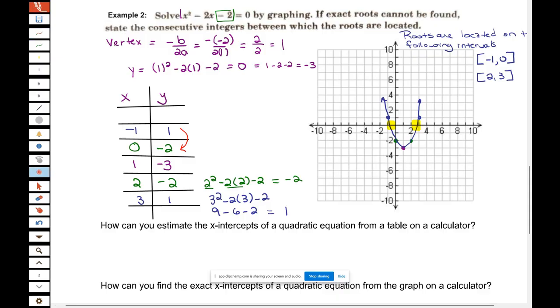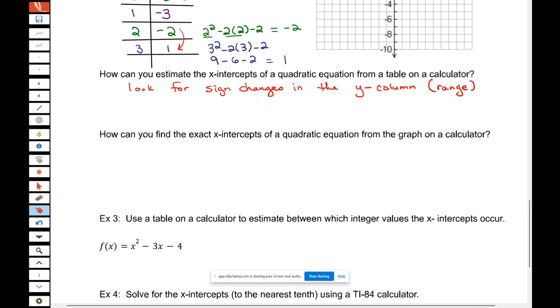The other one was between 2 and 3. Between 2 and 3, we have another sign change. So look for sign changes in the y column, or in the range. That would be a more professional way to say it.